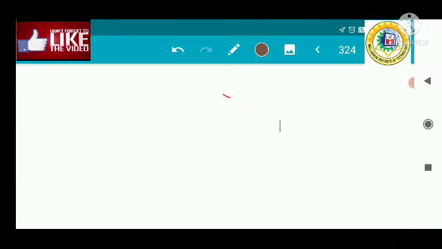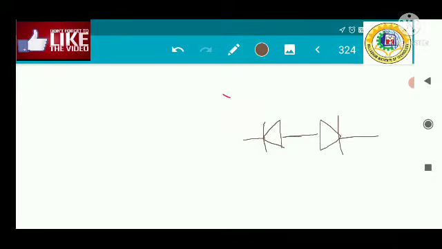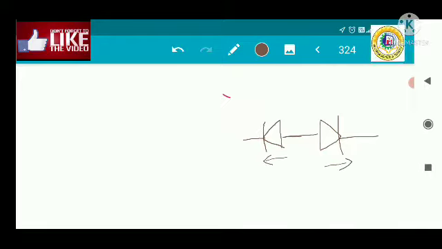Suppose this is diode D1, and this is diode D2, two back-to-back diodes, and current is flowing through this diode and also through this diode.